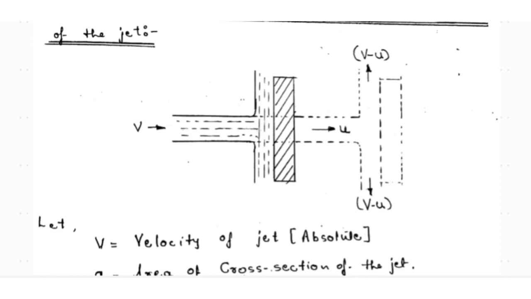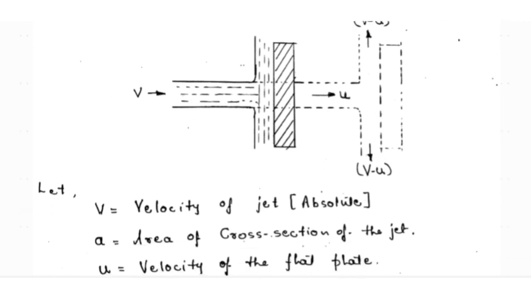Since the plate is not fixed, the plate will also be moving with a velocity u. So here the jet strikes this moving plate with a relative velocity equal to v minus u, and it leaves the plate with the same relative velocity equal to v minus u.